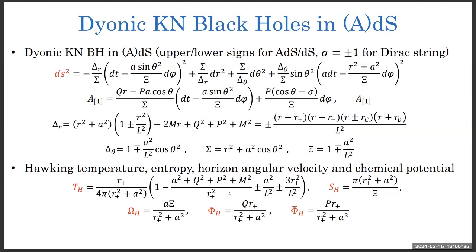For bosonic particle emission, it obeys the Bose-Einstein distribution together with the gray body factor. But about that, the Bose-Einstein distribution part is determined by this Hawking temperature with the chemical potential. So it looks exactly like a thermodynamical system, a quantum statistical mechanical system.